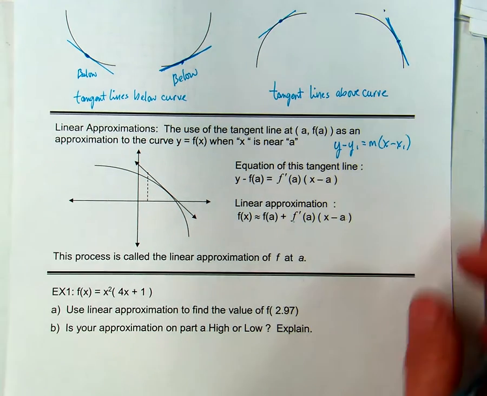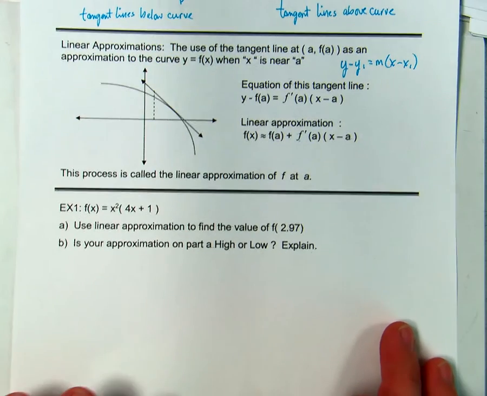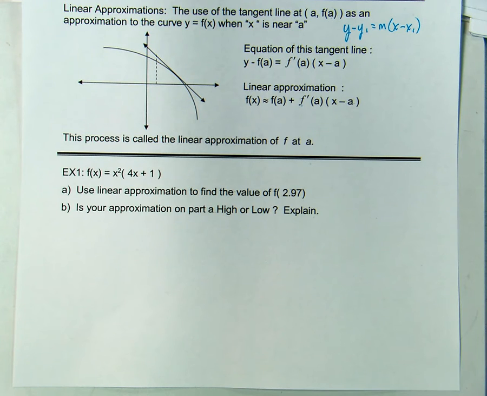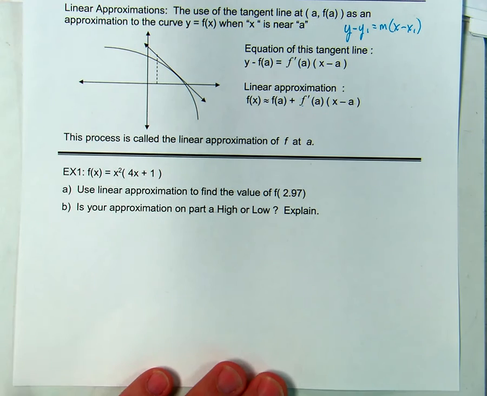Let's do an example here and see if this begins to make a little more sense to us. Okay, it says use linear approximation to find the value of f at 2.97. And this is our function that we're dealing with.